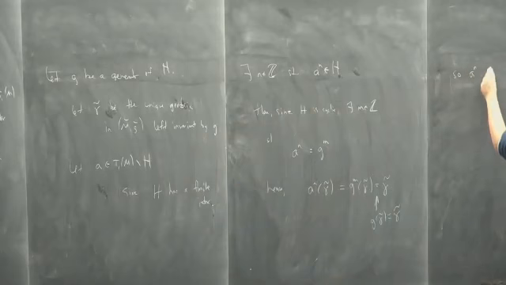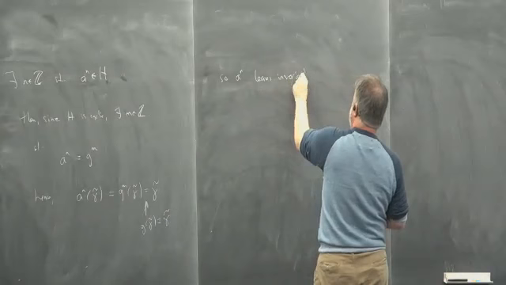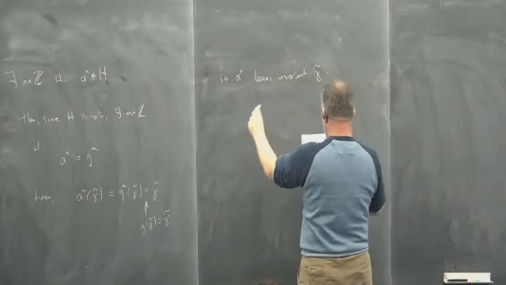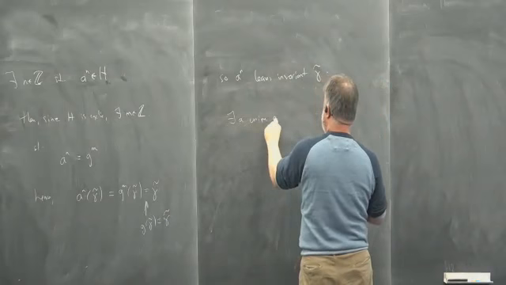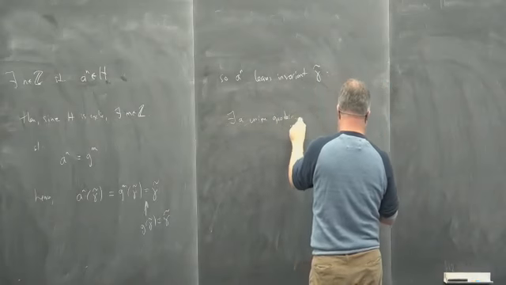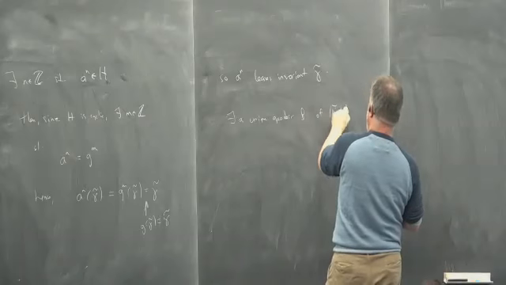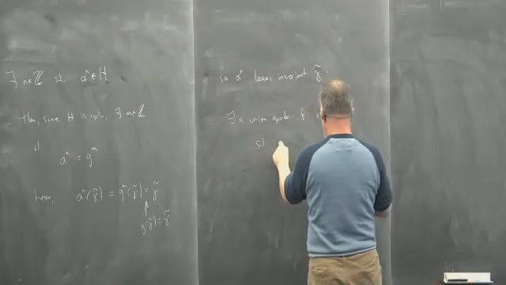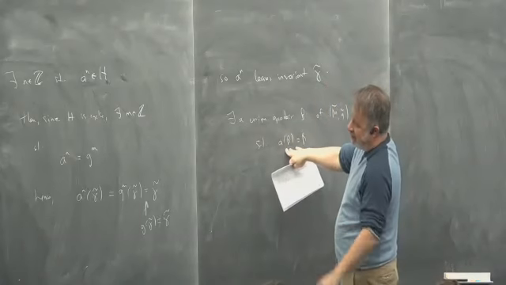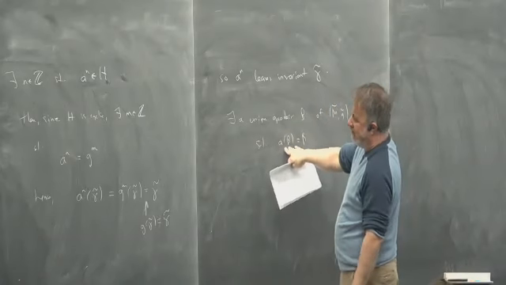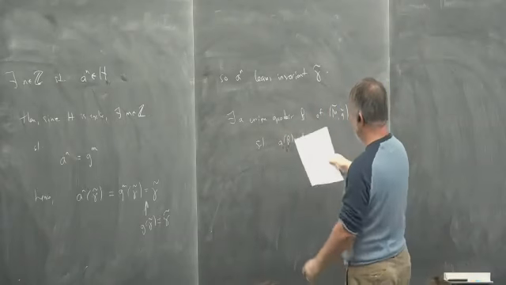So A to the n leaves invariant gamma tilde. There exists a unique geodesic beta of M tilde such that A of beta is beta, right? Because A is also in the fundamental group and it's not the identity. Therefore, because the curvature is negative, it leaves invariant a unique geodesic.